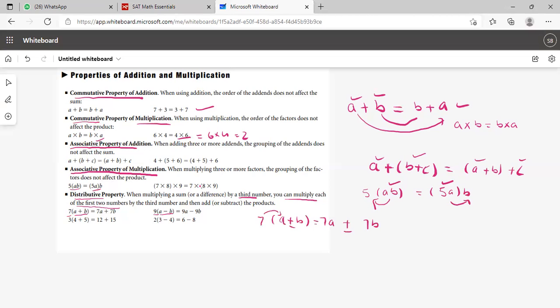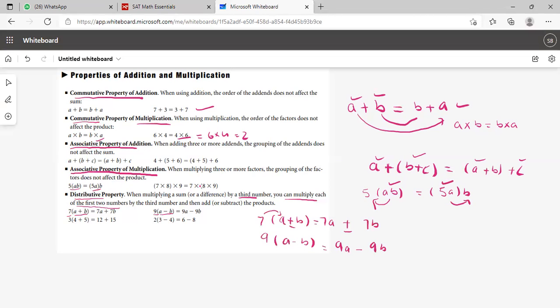If I talk about this example, 9(A minus B), 9A minus 9B. Simply, we have first multiplied these first two numbers with the third number, and we have simply written down the operator in between.